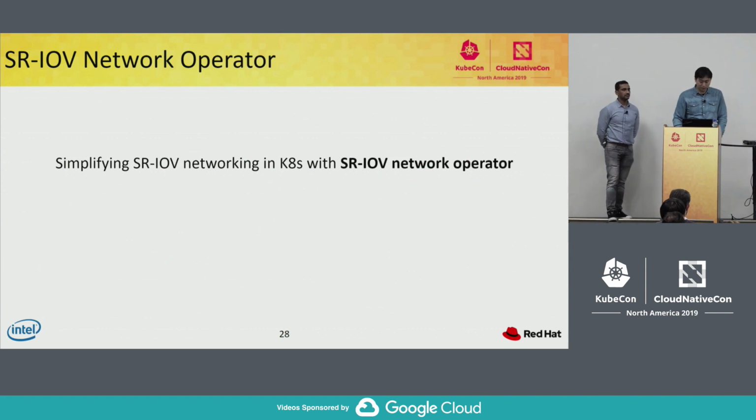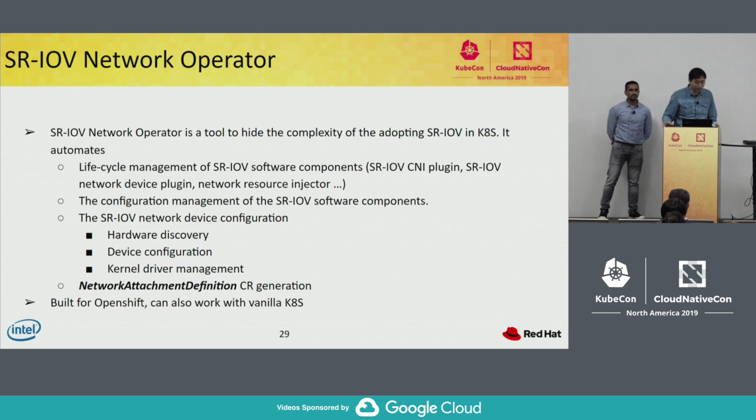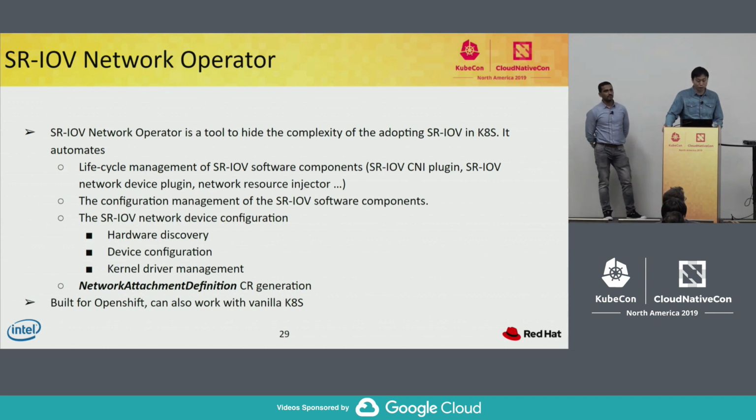So let me give you an introduction to the SR-IOV network operator. The SR-IOV network operator is a tool to hide the complexity of configuring the SR-IOV components in Kubernetes. It provides some automation for, for example, the lifecycle management of the SR-IOV software components, like the SR-IOV CNI plugin, the SR-IOV network device plugin, and the network resource injector, and so on.